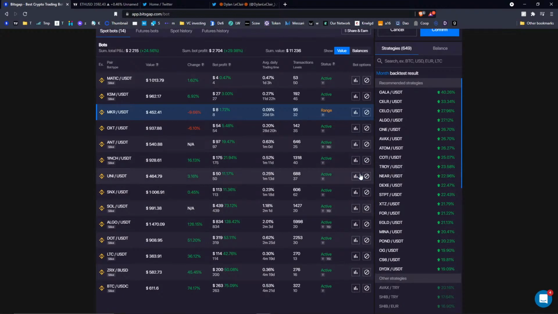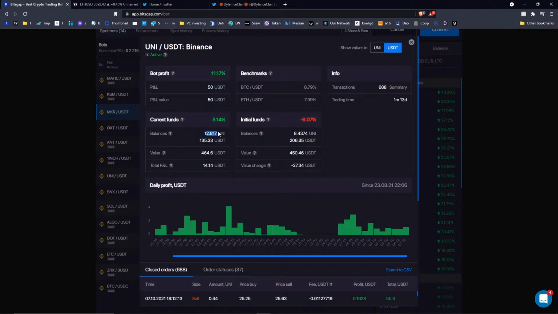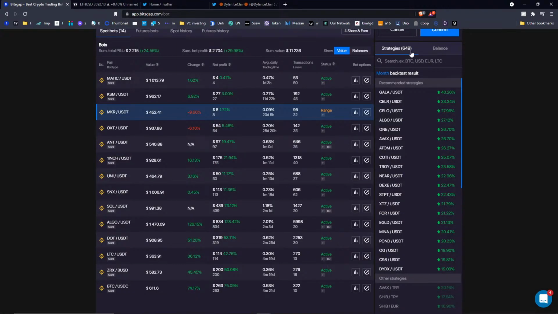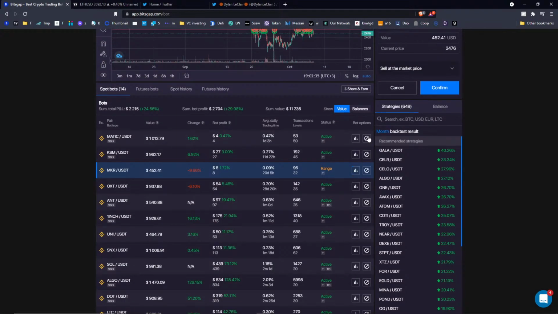For example, if you look at Uni here, I have 12 Uni and 135 USDT. In total that's 464. So if I would want to close this trade with the market sell order, you see, where is that?